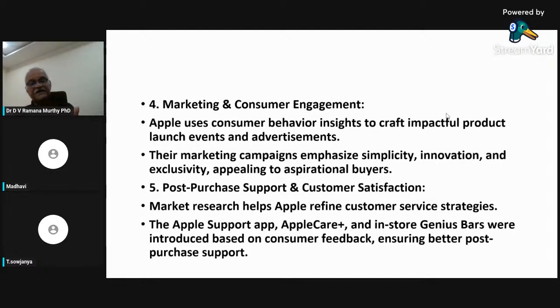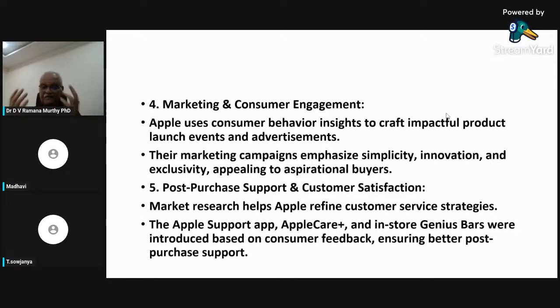Again, here market research helps. See, Apple refines customer service strategies based on that. That's why they have the Apple Support app, AppleCare Plus, and In-Store Genius Bars, introduced based on customer feedback, ensuring better post-purchase support.